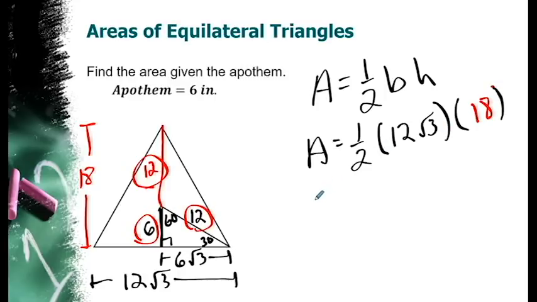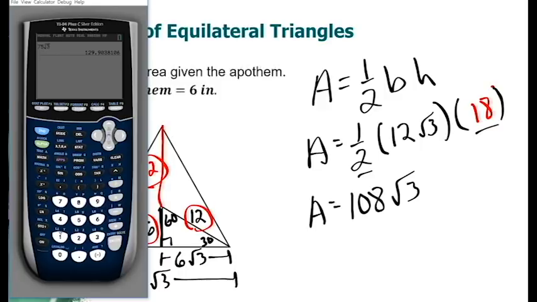And let's see, we got half of 18, which would be 9. 9 times 12, that'd be 108 square root 3. Go ahead and calculate that out.